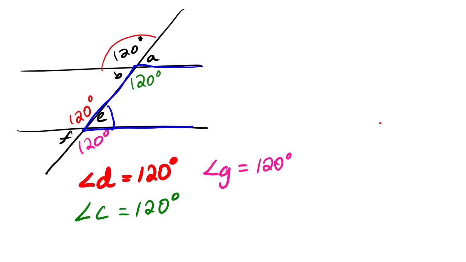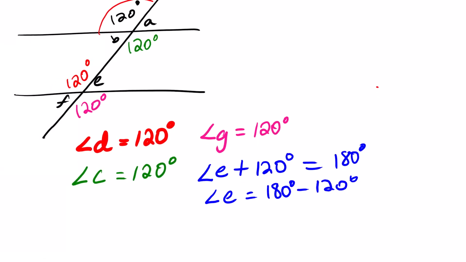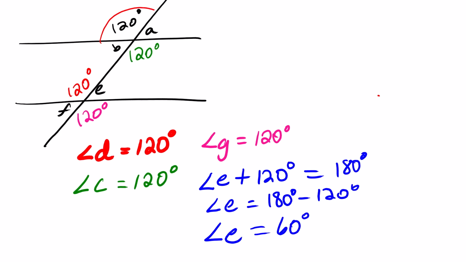Co-interior angles, can you see that? So co-interior angles, we can say that angle E plus 120 degrees is equal to 180 degrees. Then angle E is equal to 180 degrees minus 120 degrees. So angle E is equal to 60 degrees.